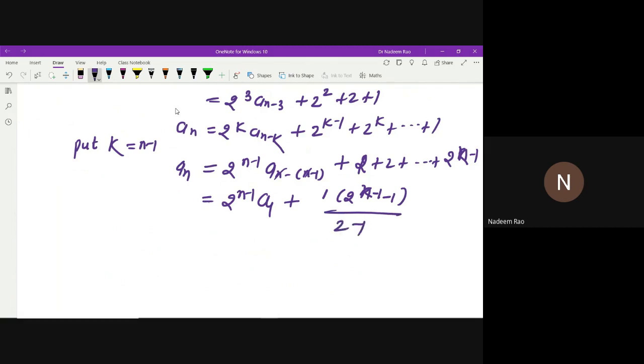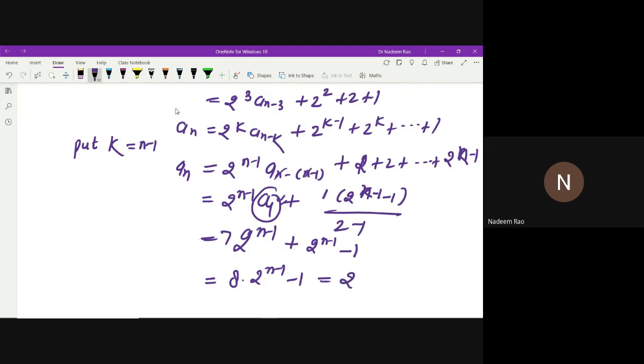That is equal to 7 times 2 to the power n minus 1, because the value of a_1 is given in the question as 7, plus 2 to the power n minus 1, minus 1, which is nothing but 8 times 2 to the power n minus 1, minus 1.